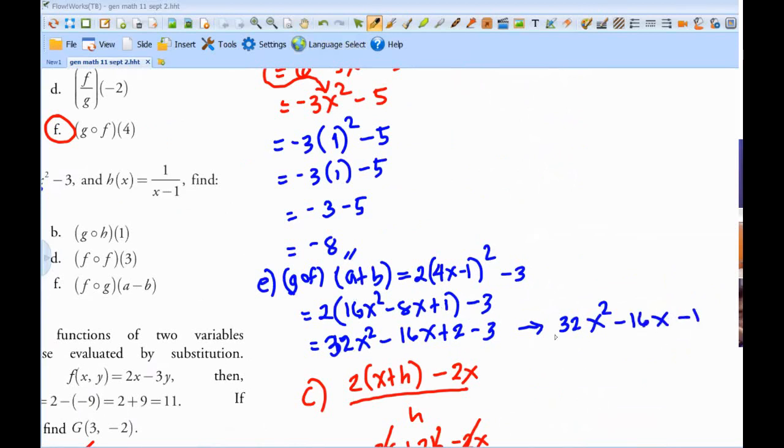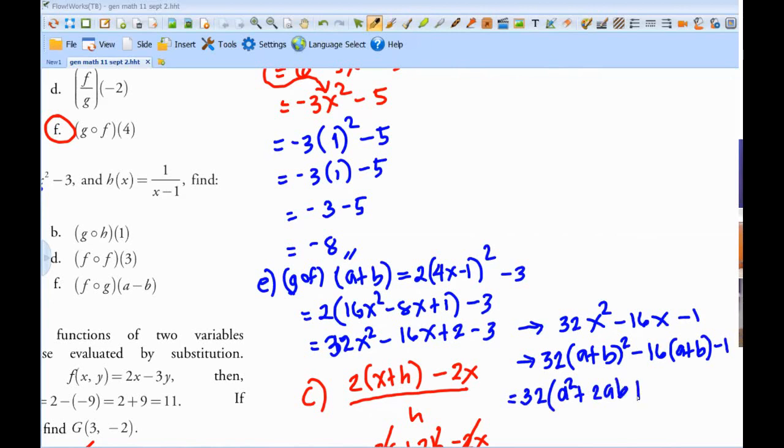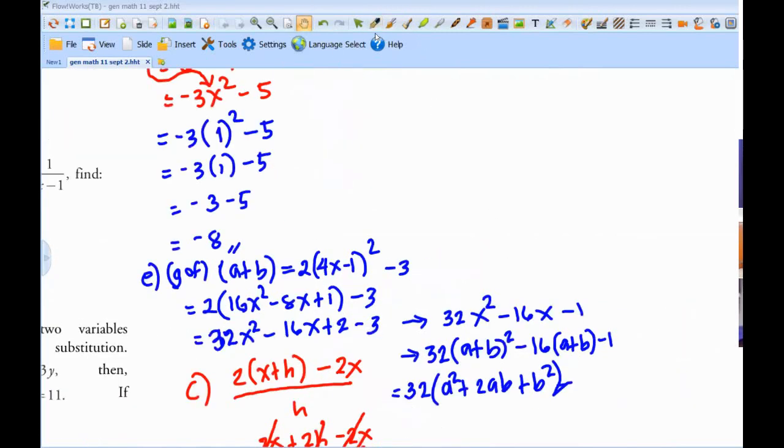But since we have a plus b, we will substitute: 32 times a plus b squared minus 16 times a plus b minus 1. So therefore, we have 32 open bracket a squared plus 2ab plus b squared minus 16a minus 16b minus 1.